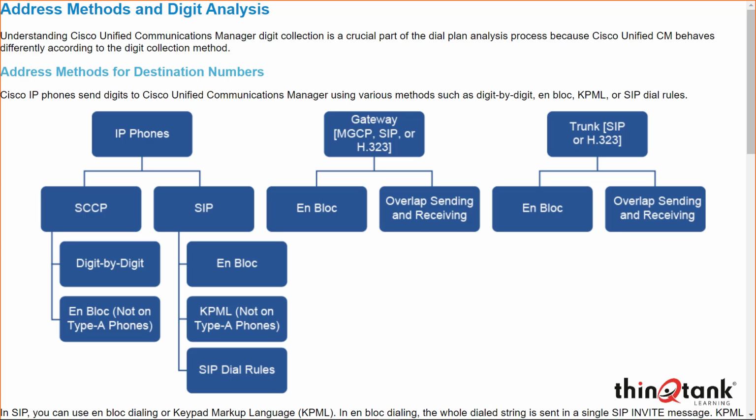Again, not something we typically change as part of our configuration. It does depend on the telco. Like I said, some telcos might not have the capability to handle numbers that are sent in en block mode, so you have to turn on that overlap sending and receiving function.